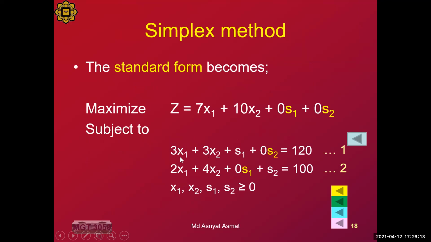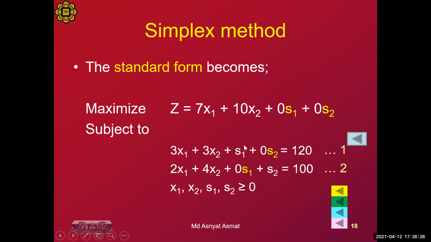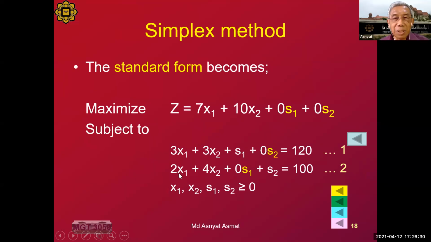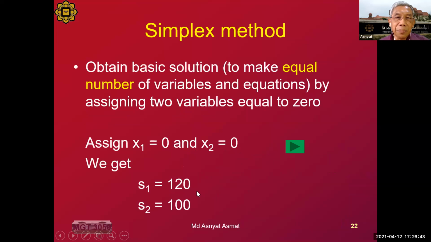Since x1 equals 0 and x2 equals 0, S1 equals 120. The same thing here: if x1 is 0 and x2 is 0, then of course S2 equals 100. So this is what we get.